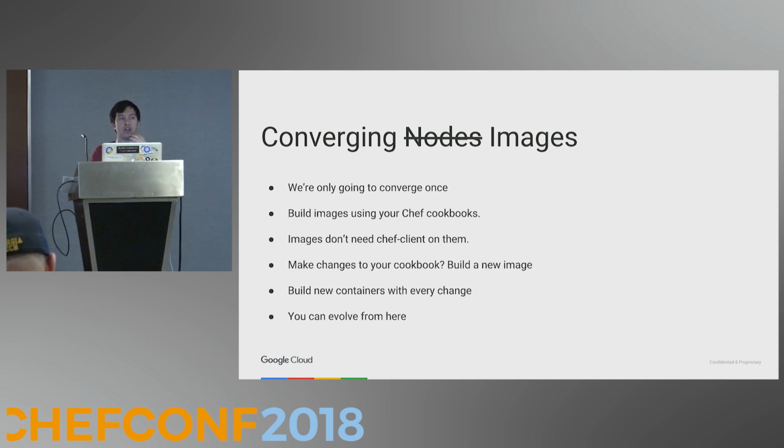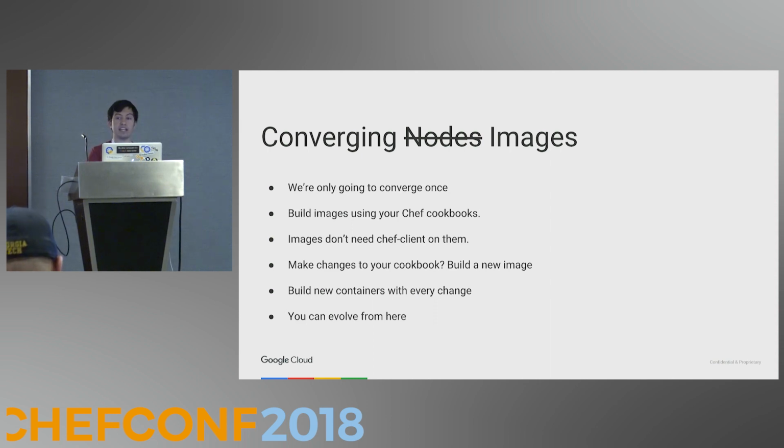How are we going to handle configuration management for using Chef in this cloud-native immutable world? What's going to happen is we're going to create Docker images. We're going to create images that we can then use as the basis for our containers. And the big thing is we're only going to converge once per image. And I know this is a very scary thought because it's a very different thought.